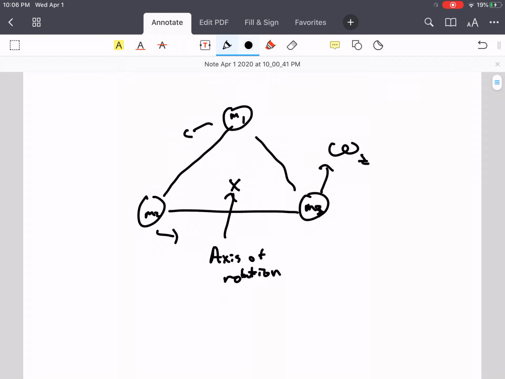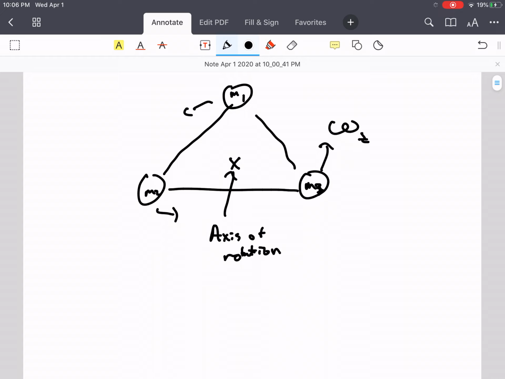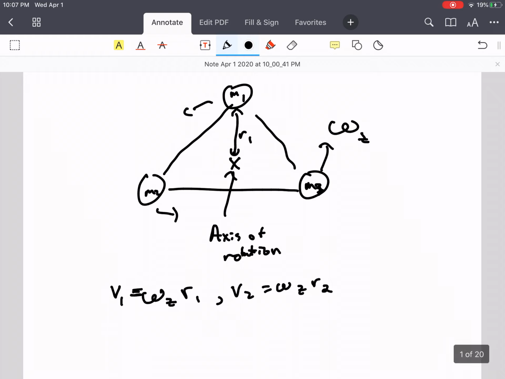For each of these objects, what we know from last time is that it has a velocity. For example, the linear speed of object 1 is simply omega times the radius r1, where the radius is the distance between the axis of rotation and the mass itself. Similarly, v2 is omega z times r2, and so on for v3.